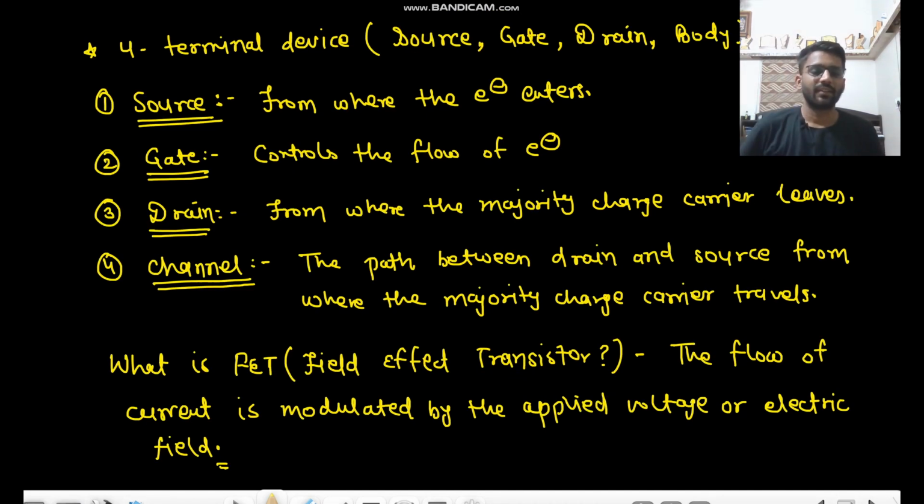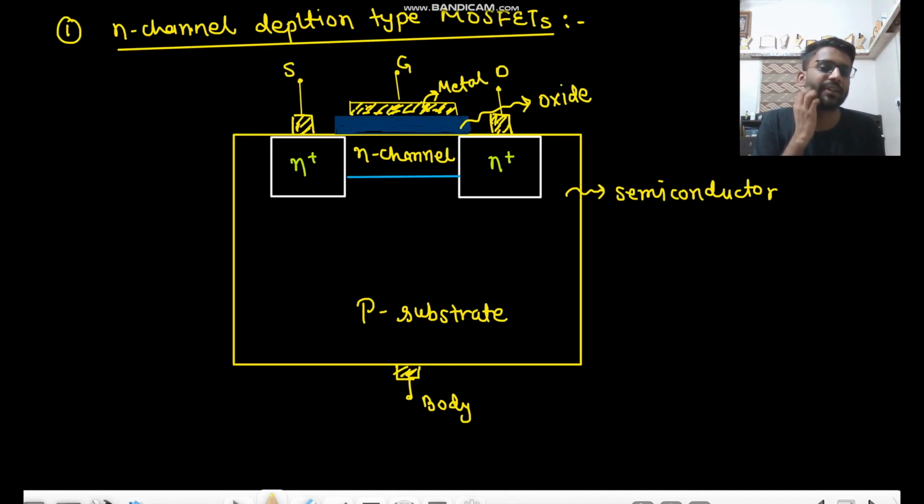Now what is FET? FET is field effect transistor. Because of the field that we apply, the flow of current is modulated by the applied voltage or electric field. Whatever voltage we apply on the gate or on the drain, the flow of electrons will be modulated by the effect of that electric field, and that means the current is modulated.